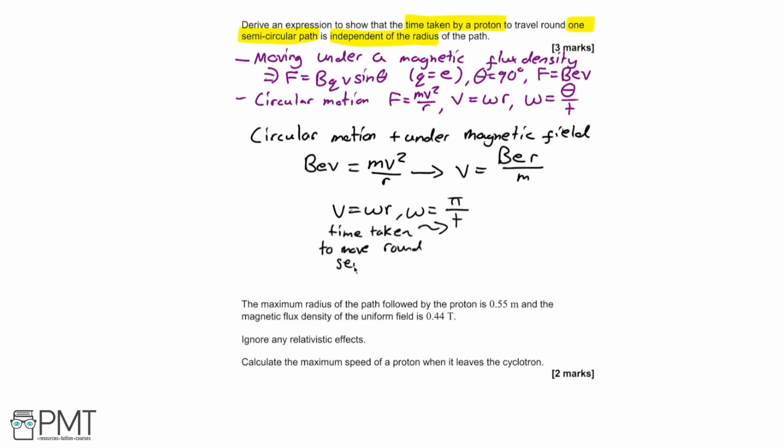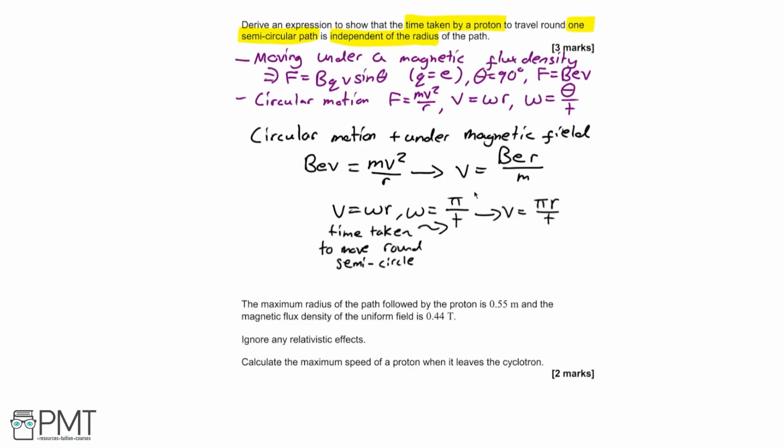From there, what we do is we can substitute this into our equation for v, so we get a second equation for v, as v is equal to pi r divided by T. We did this because we want to have two equations that are equal to v so that we can set them equal to each other and hopefully eliminate r.